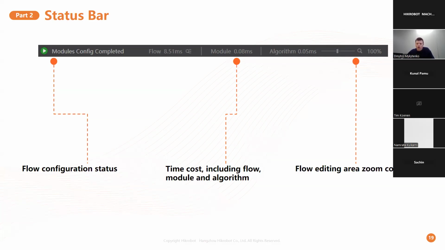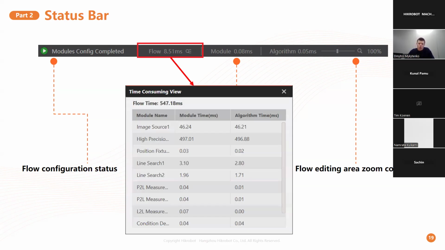Clicking on the flow execution time opens a window with detailed execution times for all modules within the procedure. So it's handy if you need to see which are the slowest ones or which maybe limit the overall execution performance, which are the bottlenecks, for identifying these bottlenecks.